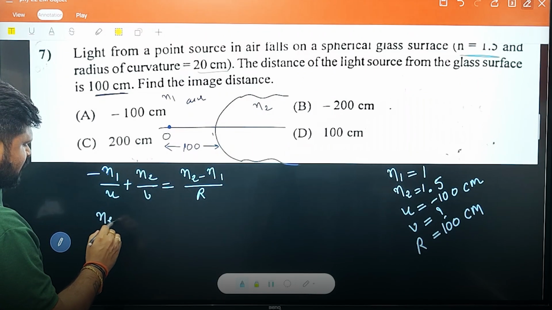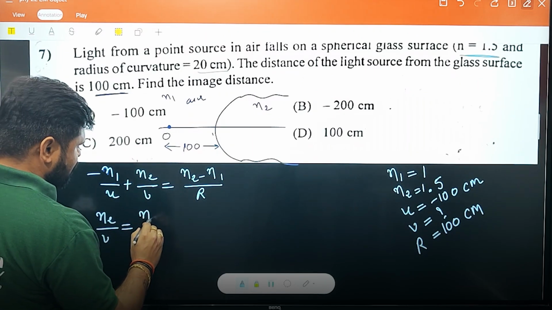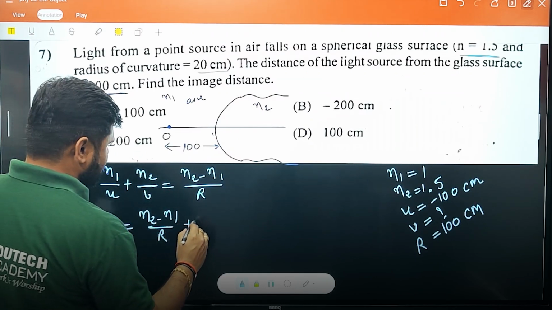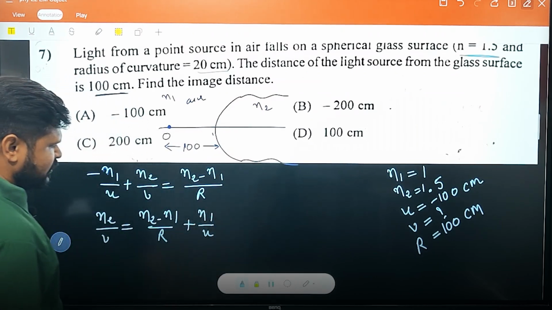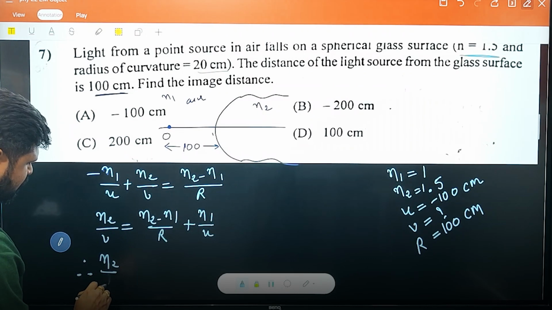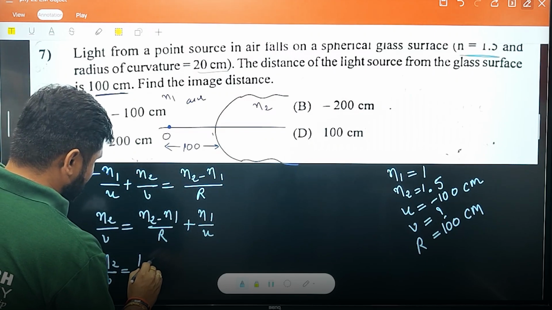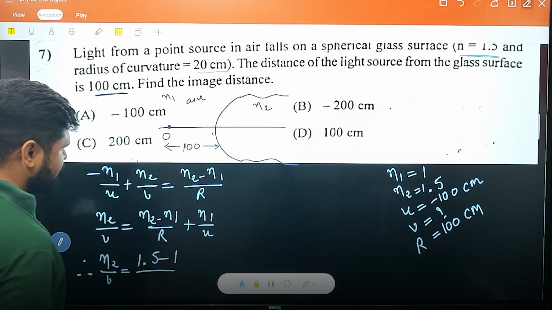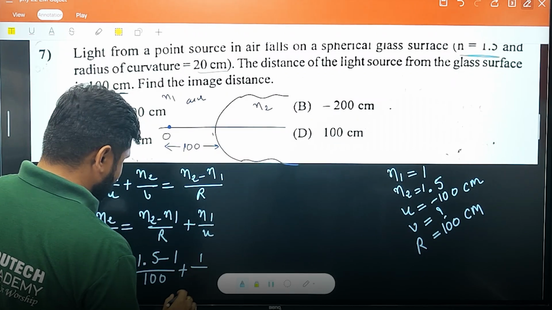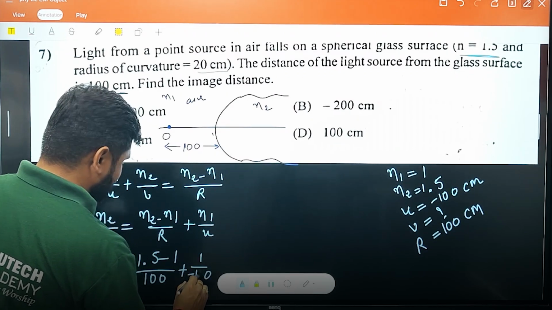So make n2 by v the subject first of all. That is n2 minus n1 upon r, and minus becomes plus n1 by u. Place all the values: n2 is 1.5 minus 1 divided by r is 100 plus n1 is 1 divided by minus 100.